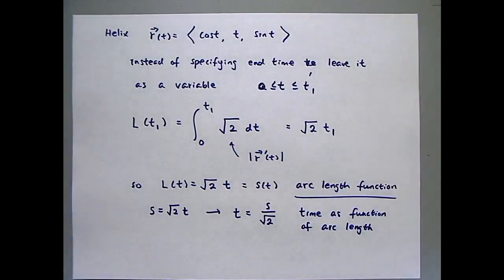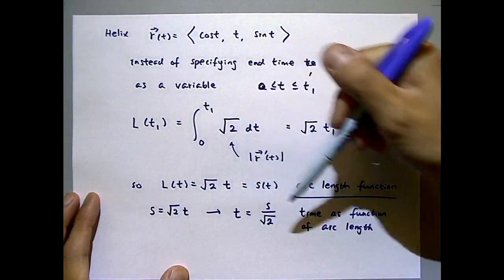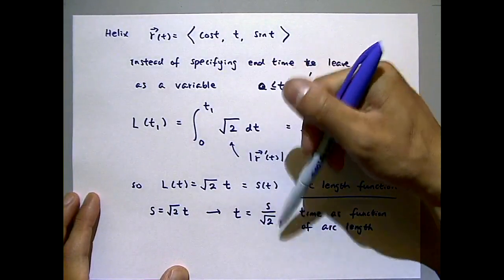Normally, you drive on, you say, an hour later I've driven 70 miles, whatever. You can turn that around. If you know how fast you're going, someone can say, you've driven 70 miles, how long did it take you? Well, 70 divided by how fast you're going. That's the same idea here. We solve for time as a function of the arc length.